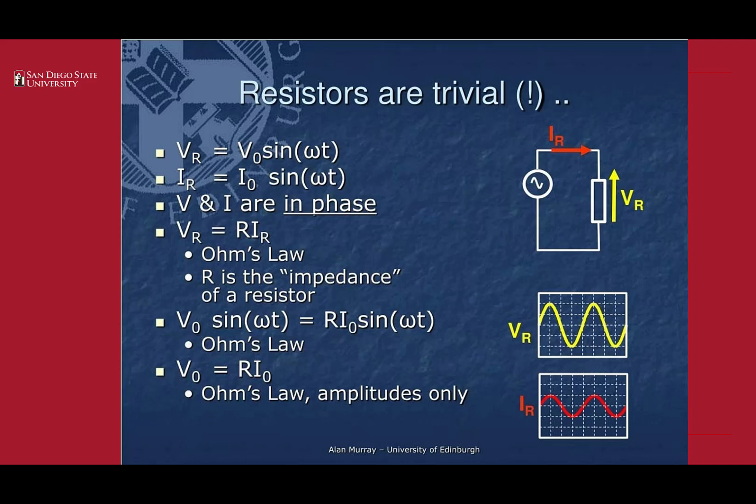But when we are talking about AC circuits with alternating current sources, then we have to formalize the voltage and current values over time.